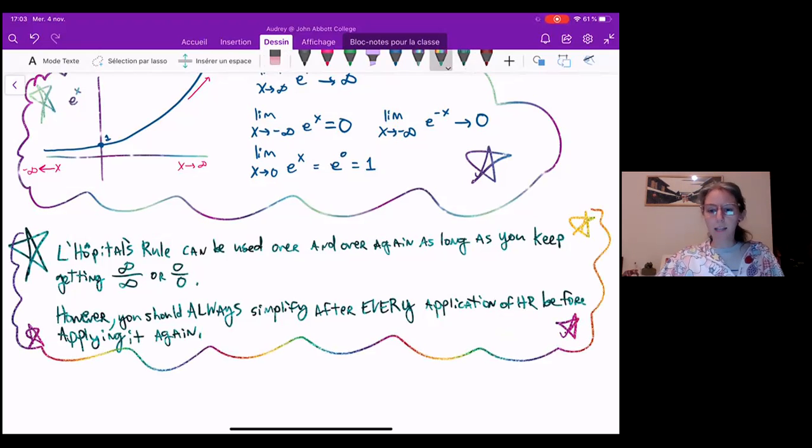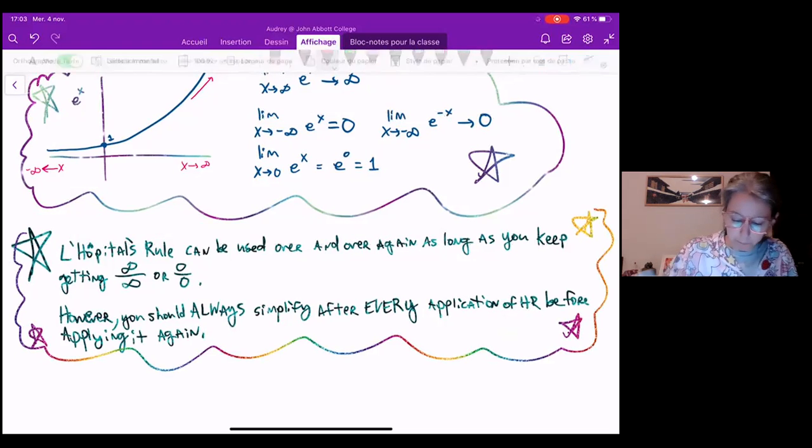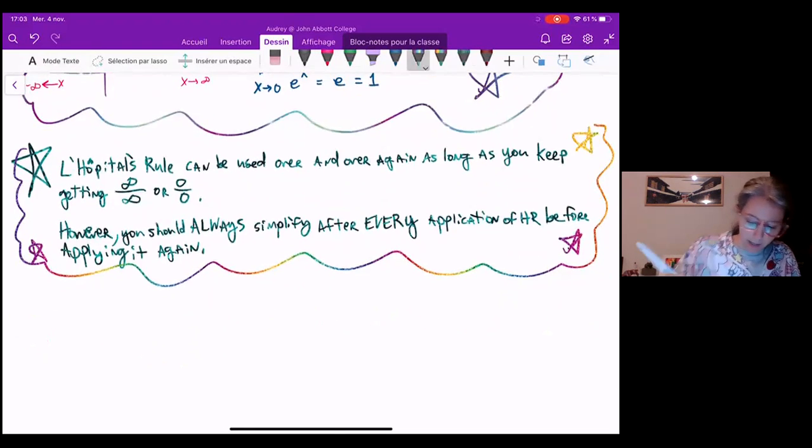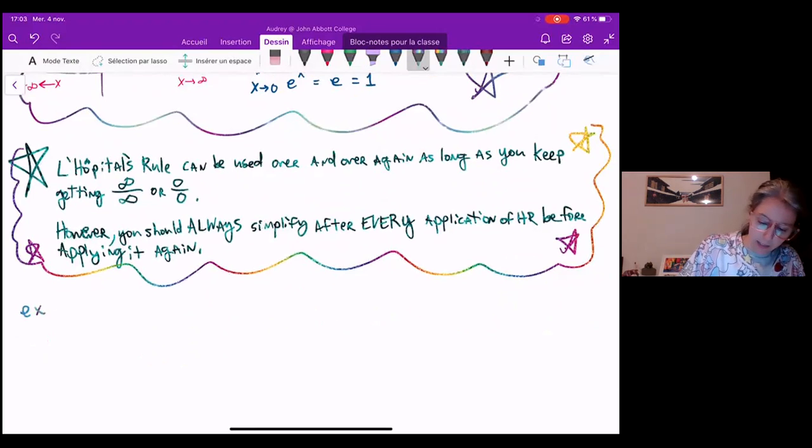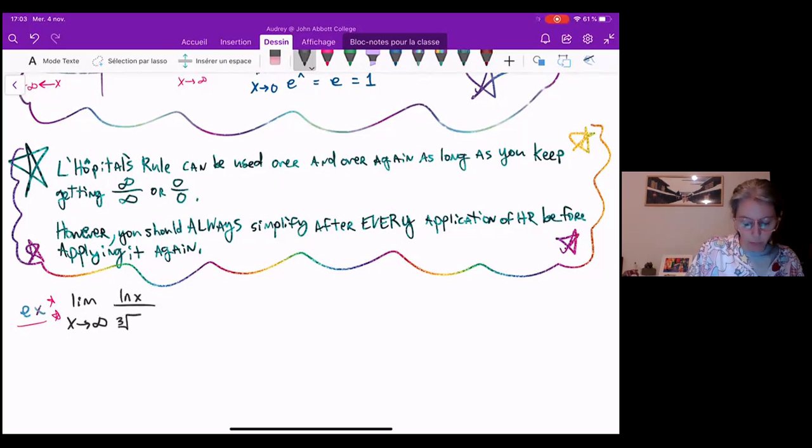Okay, so let's do another problem where we actually have to do some simplification. All right, so let's say that I have the limit as x approaches infinity of ln x over the cubed root of x. Well, when I plug in, I get infinity over infinity.